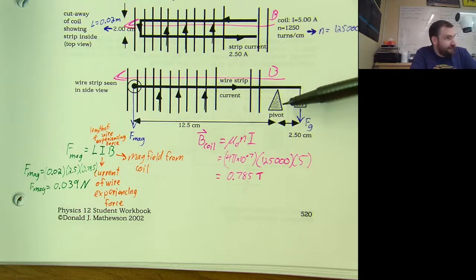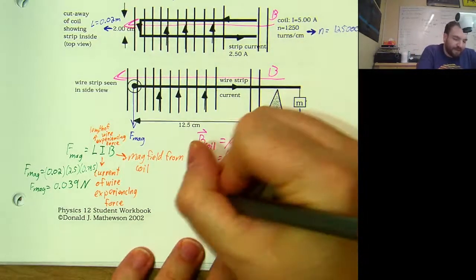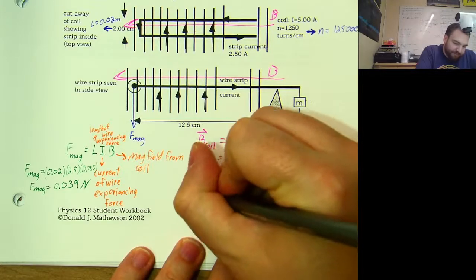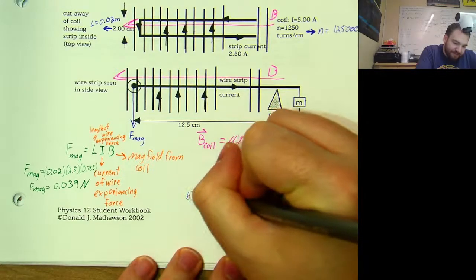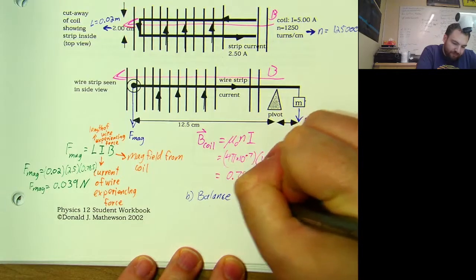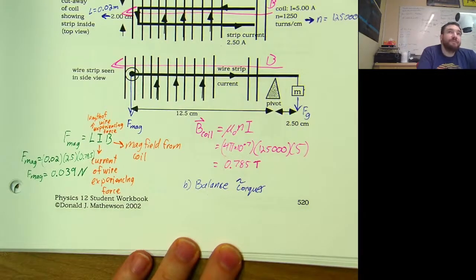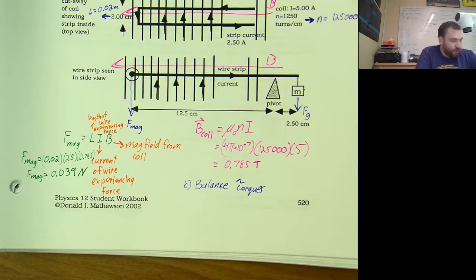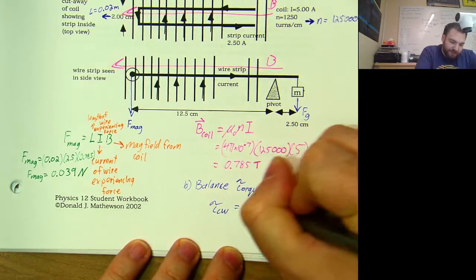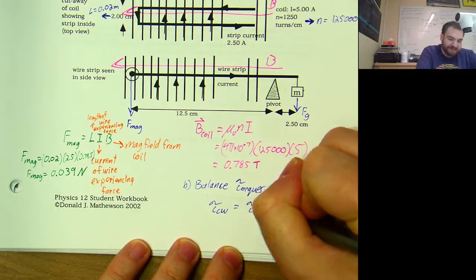So what are we going to have to deal with? Torque. Okay? We've got a pivot. So what we want to do here for B is balance torques. So our torques clockwise are going to have to equal our torques counterclockwise.